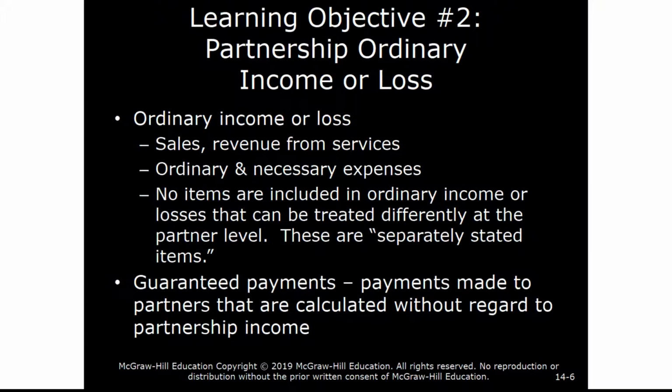So a partner gets credit then for their proportionate share of the income. And then we'll also be discussing some separately stated items that the partners will also get on what we call Schedule K1. We'll talk more about that shortly. And then there are guaranteed payments. These are payments made to partners that don't consider the partnership income, but they are income to the partners that they must report on their Form 1040.